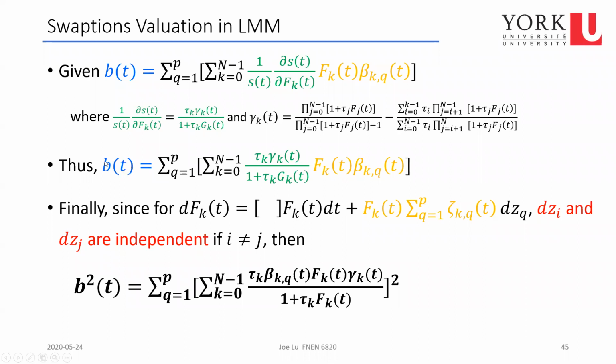Now, although we know the BT, what we really need is the B squared T, right? So we have to have the square term here. The square will involve the cross factors as well.